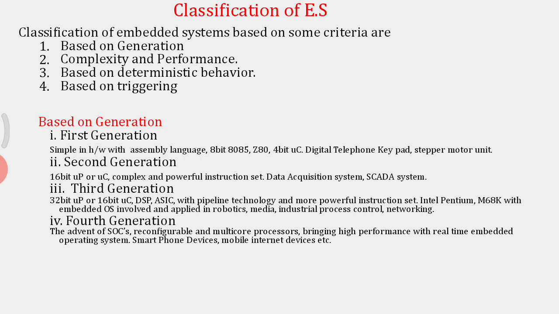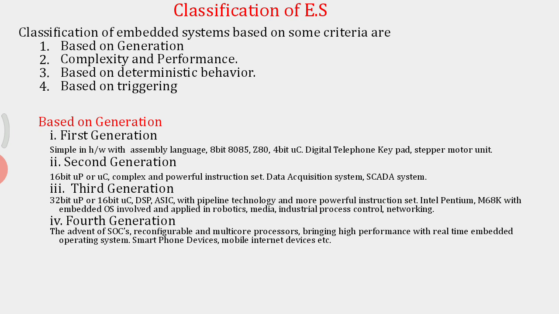The instruction set for this second generation was much more complex and also more powerful than the first generation. For example, data acquisition systems and SCADA systems are based upon second generation embedded systems.